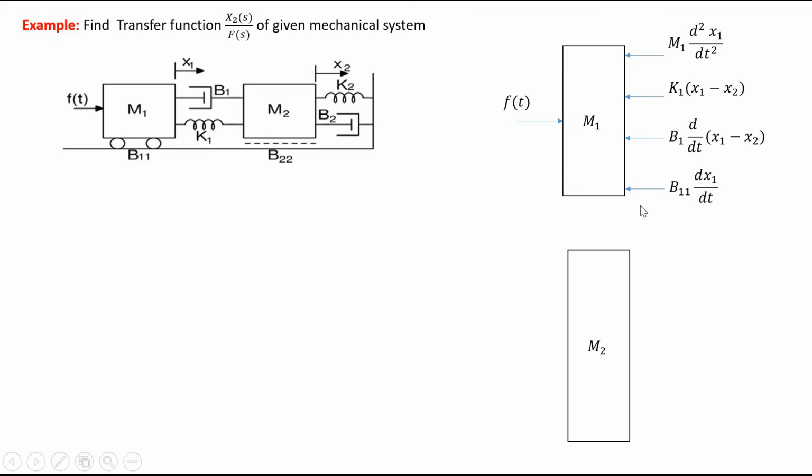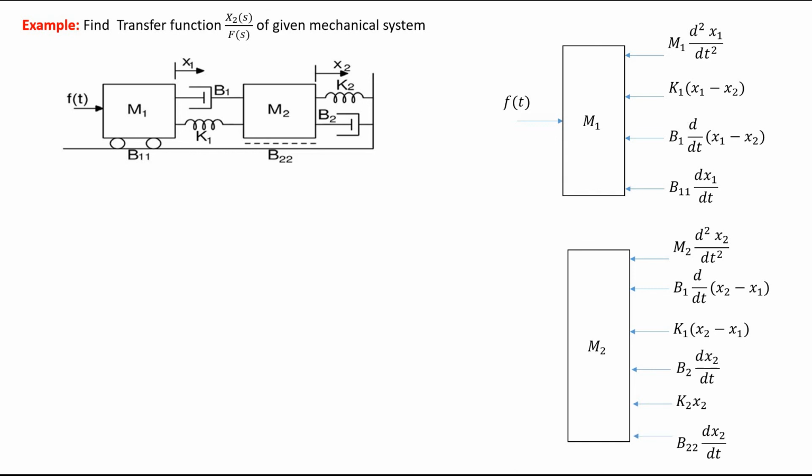Similarly for m2 also, the terms will be first m2 d square x2 by dt square, then b1 into x2 minus x1, then k1 into x2 minus x1, then in addition to that there will be b22 dx2 by dt.